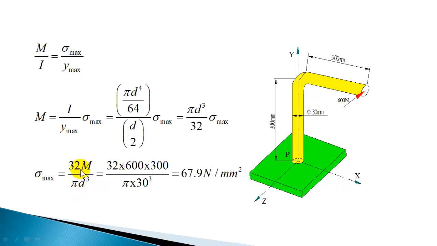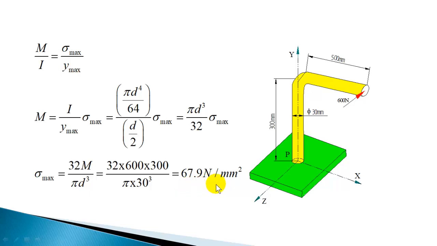So 32 into the bending moment, which is 600 Newton into 300 mm, so 32 into 600 into 300 divided by pi into diameter 30 cube, which will give the maximum stress induced as 67.9 Newton per mm square.